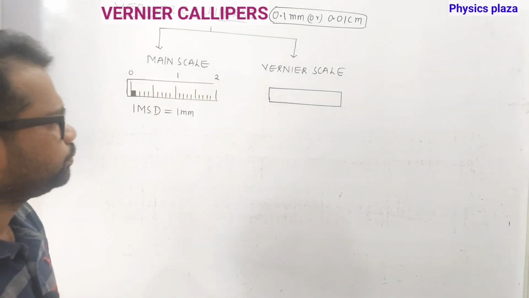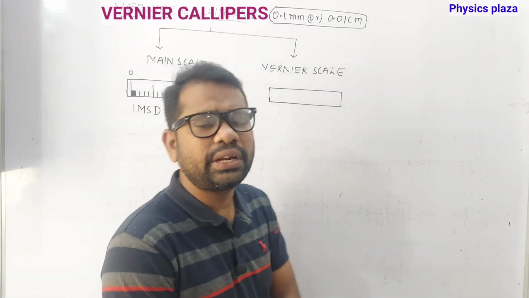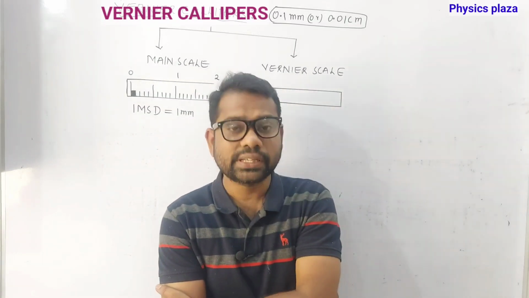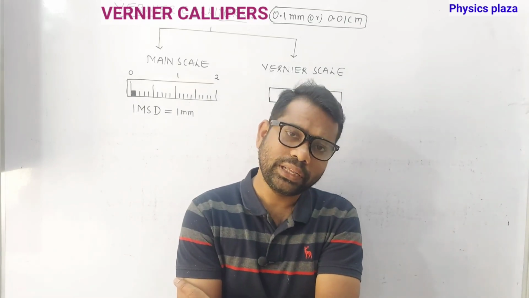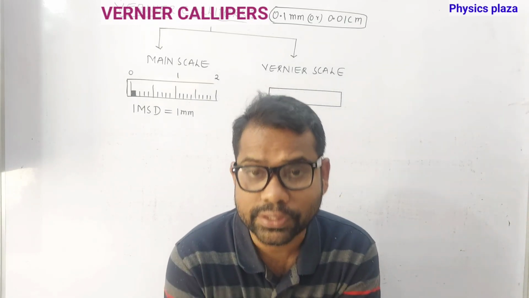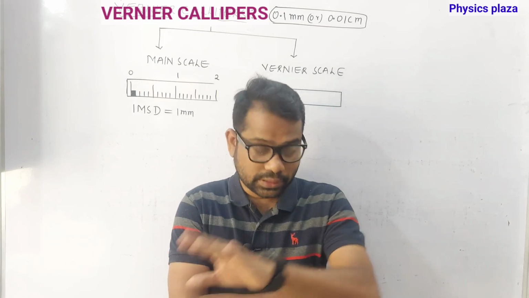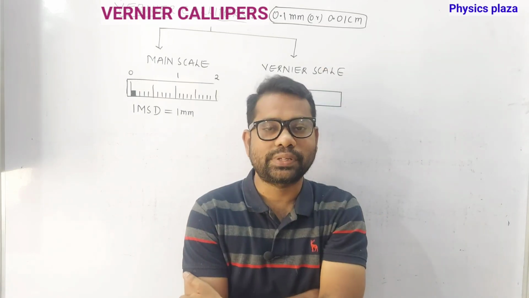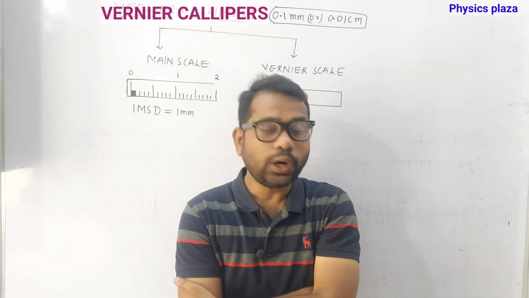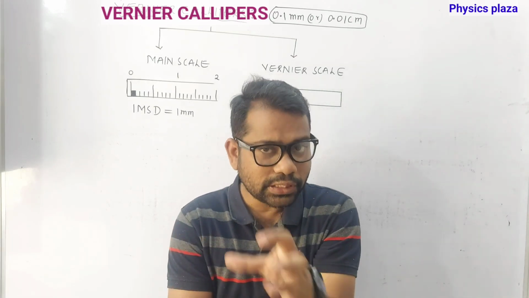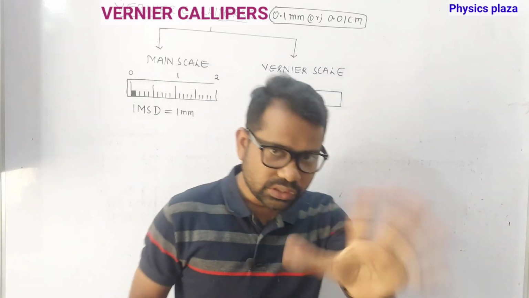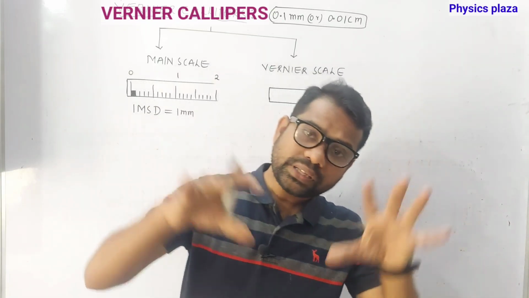How many divisions will be there in a Vernier scale is the question. Some students say that their teacher said there are always 10 divisions. The teacher might be right in terms of that given Vernier calipers, or might have spoken in general. It is not compulsory that there are 10 divisions.